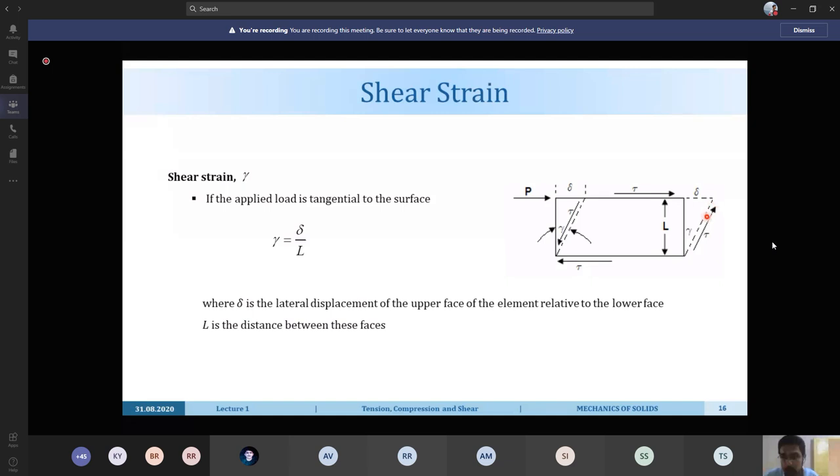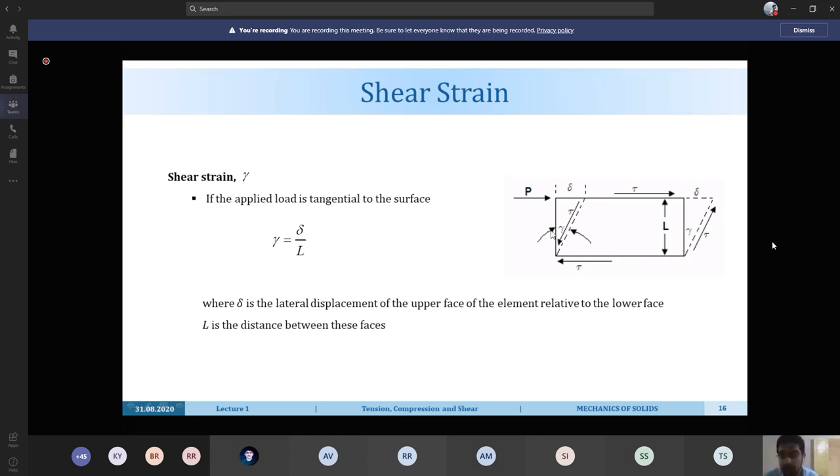This deformation is shown in the dotted lines. Then we calculate this delta, the lateral displacement of the upper surface of the element relative to the lower surface. This quantity delta with respect to the distance between these two faces is known as the shear strain.